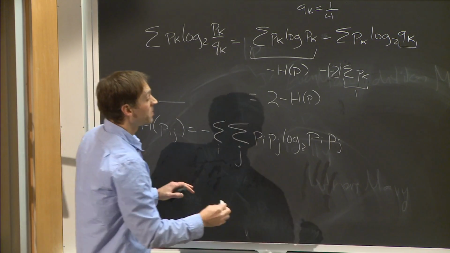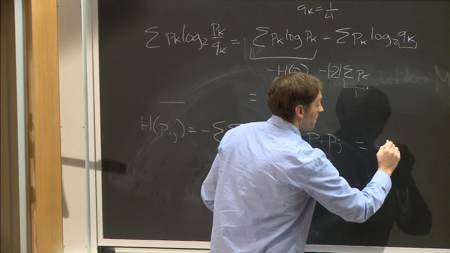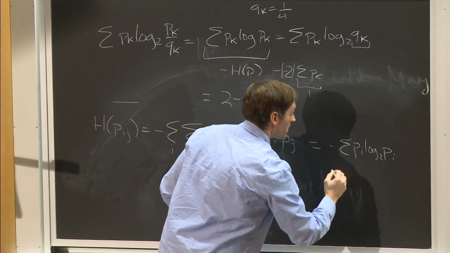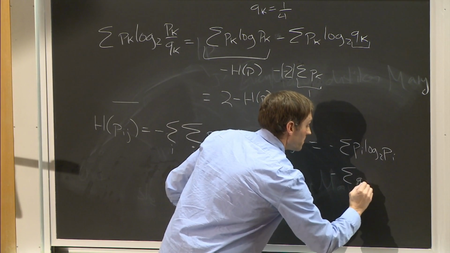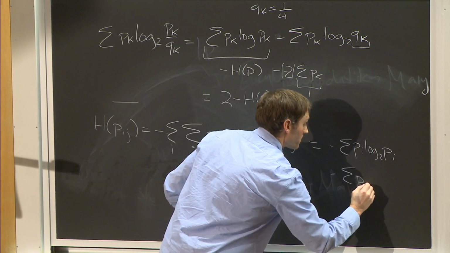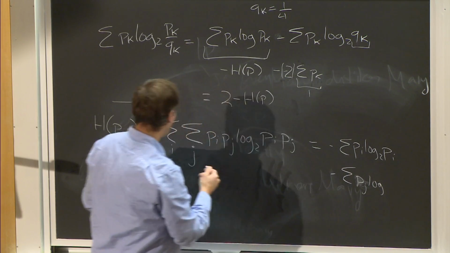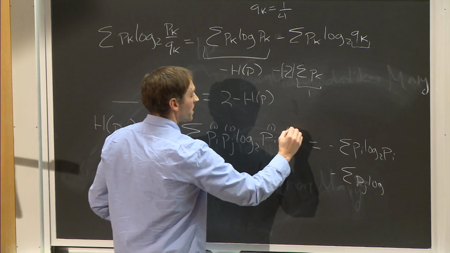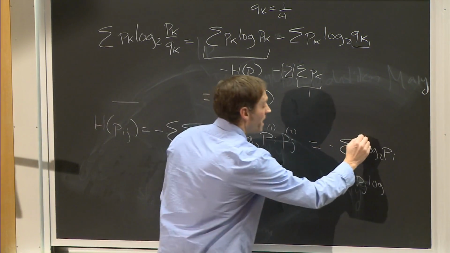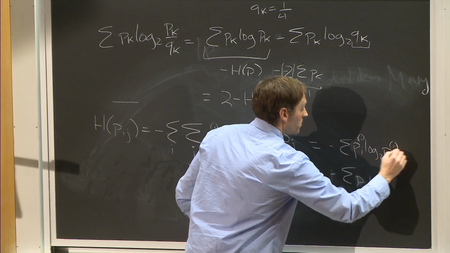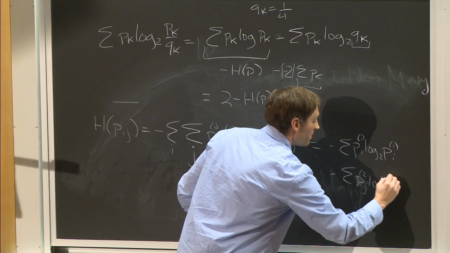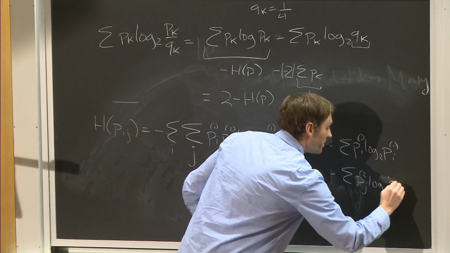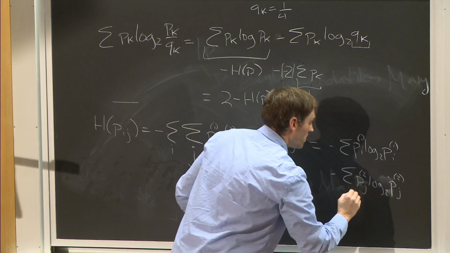And so I claim that this is equal to the sum of the entropies at the two positions. In general, if you have different positions, this would be the more general term, where you have two different compositions at the two positions of the motif, and then you can show that it's basically the sum of the entropies at the two positions.